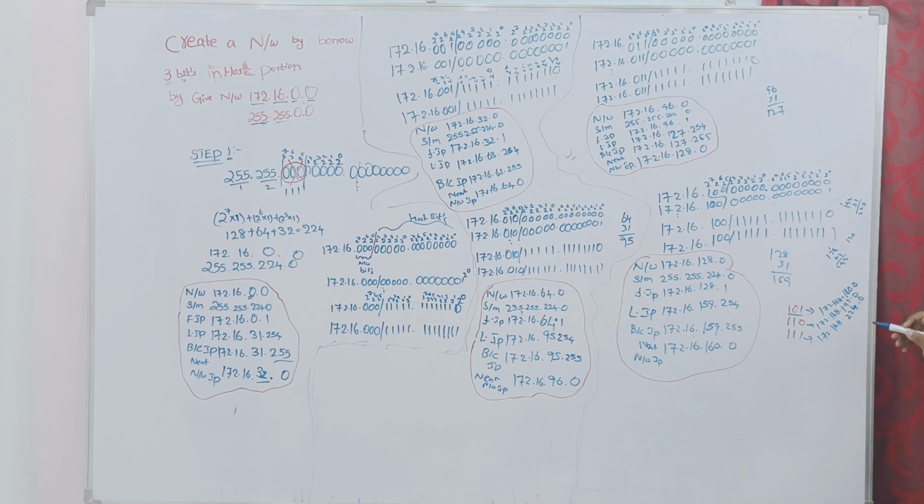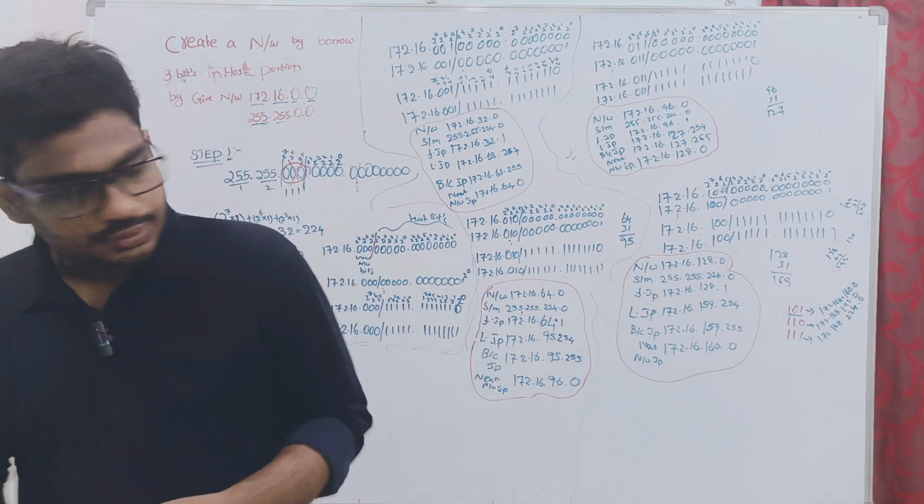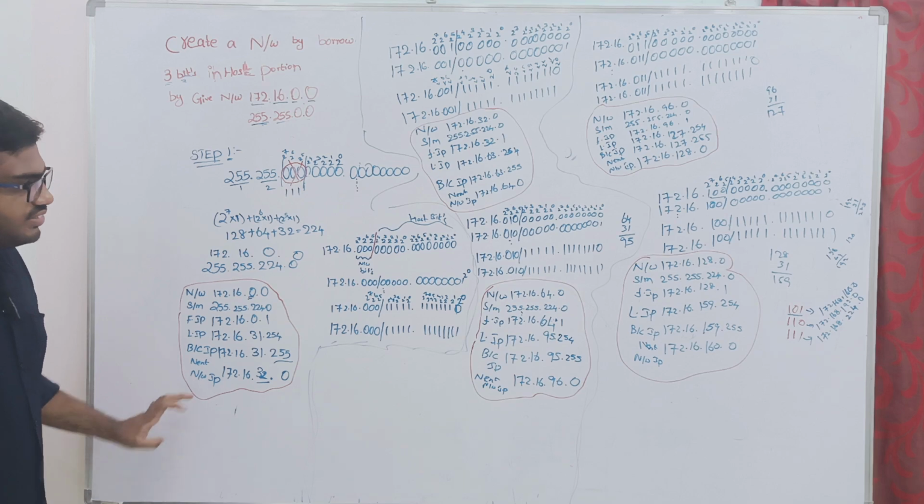You start from here, you find all those things, which is network ID, subnet mask, first IP, last IP, broadcast IP, next network IP.